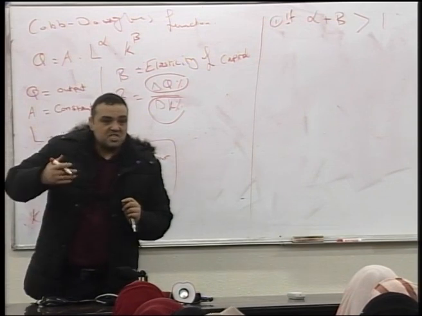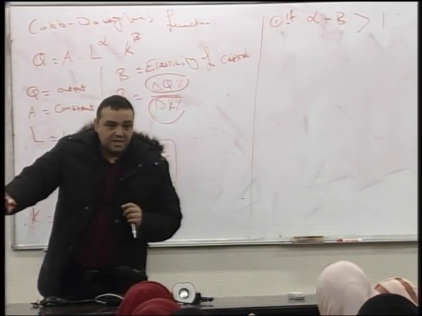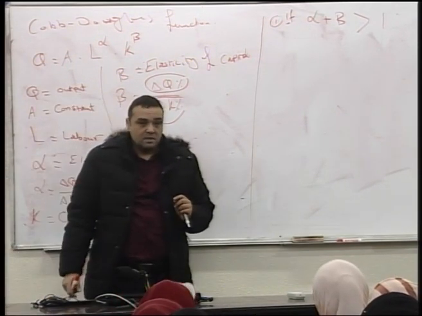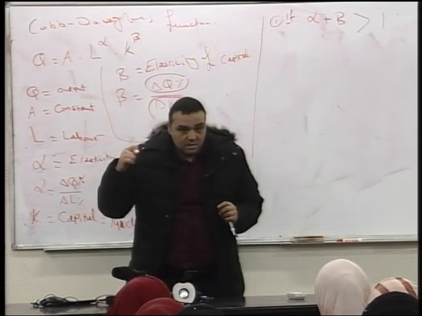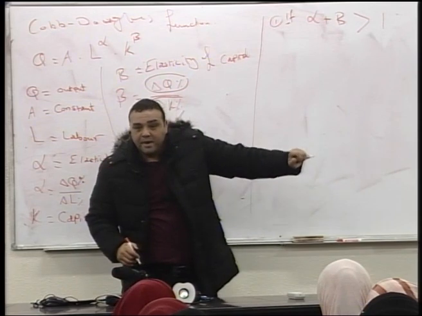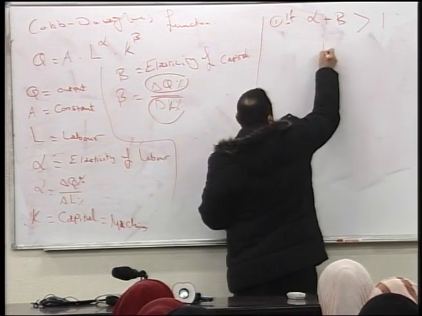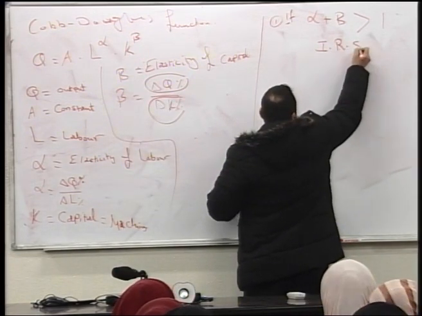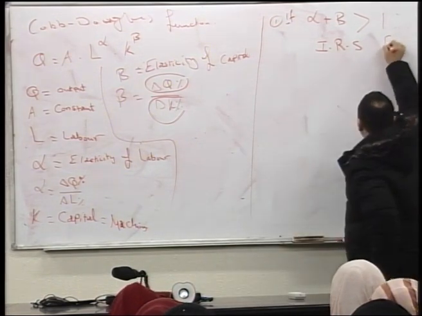Which means the percentage change in outputs is bigger than the percentage change in inputs. Did you see what we covered before? So if alpha plus beta is bigger than 1, here we are talking about increasing returns to scale, which means the expansion is good.